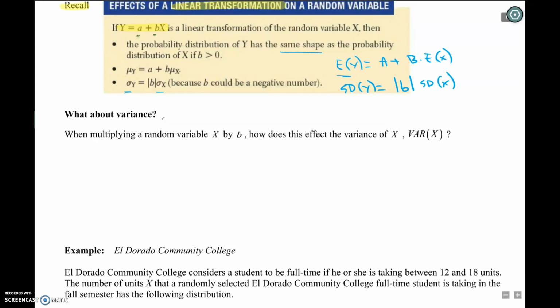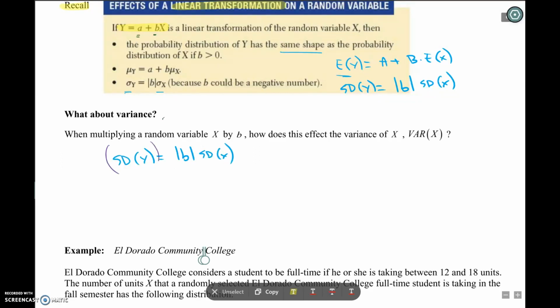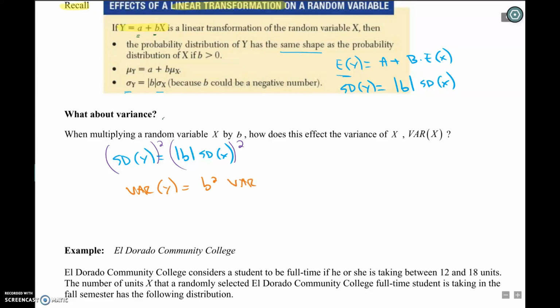What about the variance? Well, if the standard deviation of y is equal to the absolute value of b times the standard deviation of x, then if I square both sides in order to get it to variance, the standard deviation squared is the variance. b squared is b squared, and the standard deviation of x squared is the variance of x.